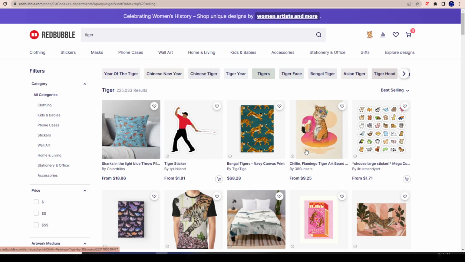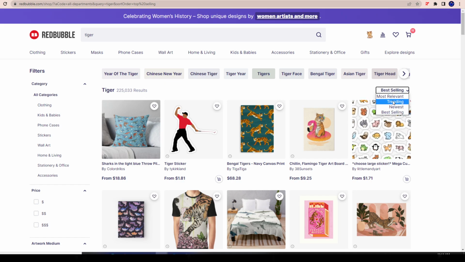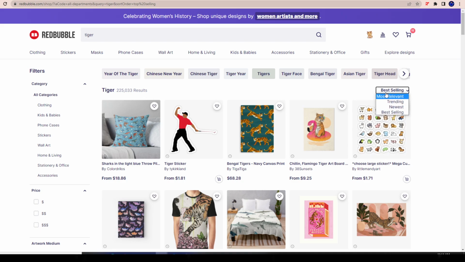And when I say rare, take that with a grain of salt, but out of 100% of searches, it will be a very small percent that actually searches for trending or newest. Most searches through purchases will come through most relevant or best selling. But really, 90% of the time, it's going to be most relevant.